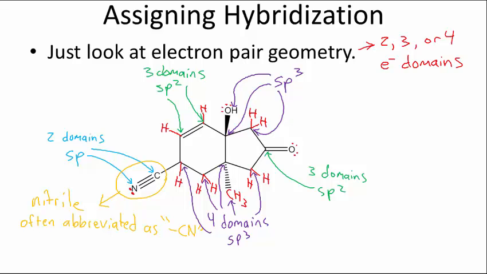So you've got to remember that when you see CN in a structure, that it looks like that, it's going to have a triple bond, and it's sp hybridized. A lot of people have made that mistake on the skill checker.